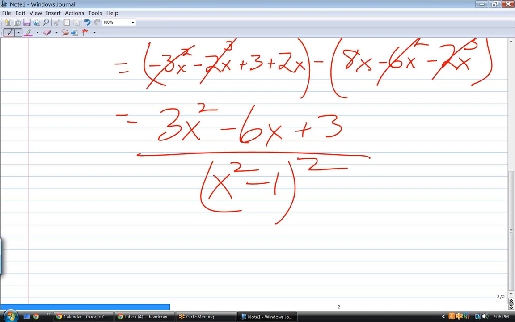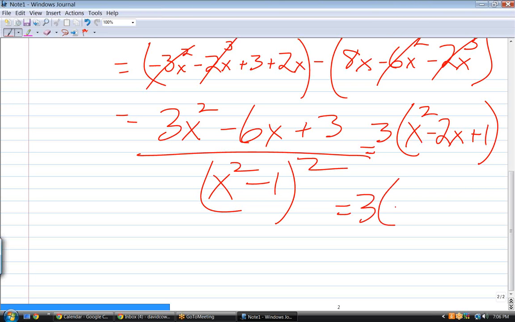Now let's factor a 3 out from the top. That's going to leave x squared minus 2x plus 1. And that's useful because that factors into x minus 1 times x minus 1.